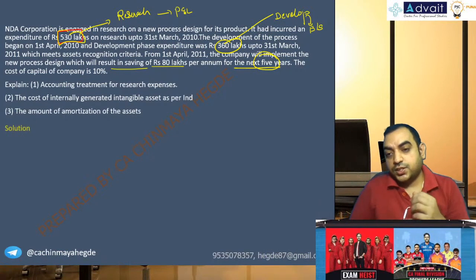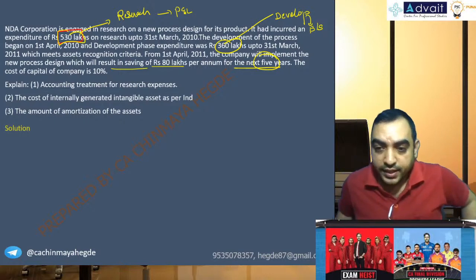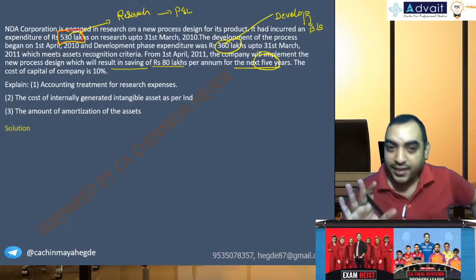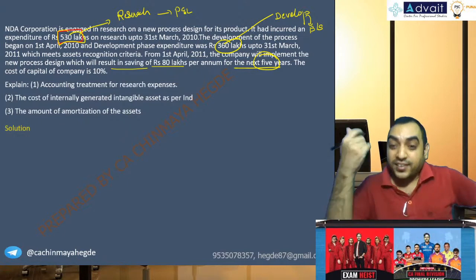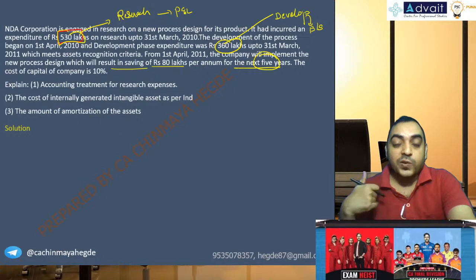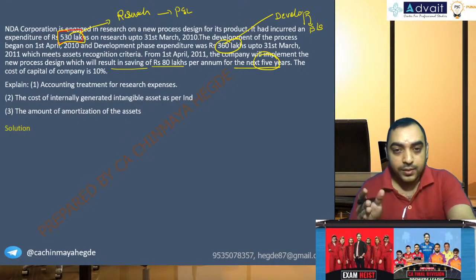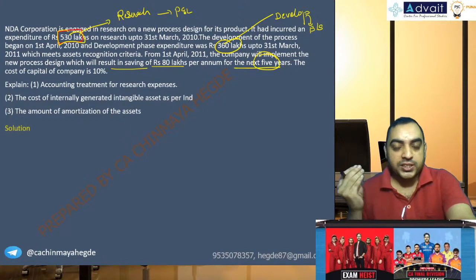The concept of rebuttable assumption of 10 years is removed in Ind AS. Yes, it is not there in Ind AS. It's not removed, it is not there at all under Ind AS. It was never there. Only the accounting standard had it, but Ind AS doesn't have it. Personally, I like that because some sort of expense transfer is good.